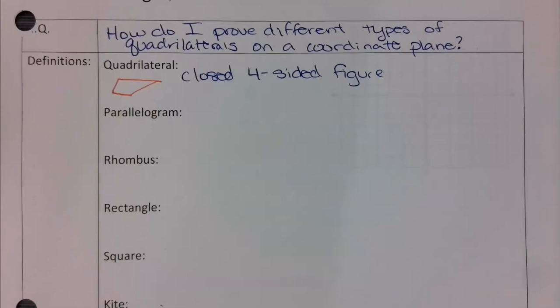Okay, so once this error goes away, you guys can see the quadrilateral. Okay, so a quadrilateral is a closed four-sided figure.